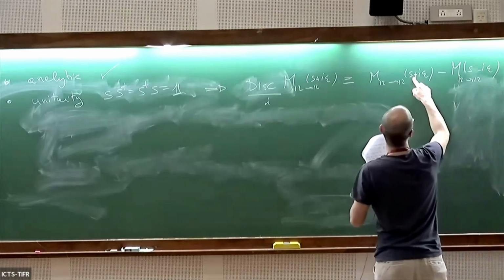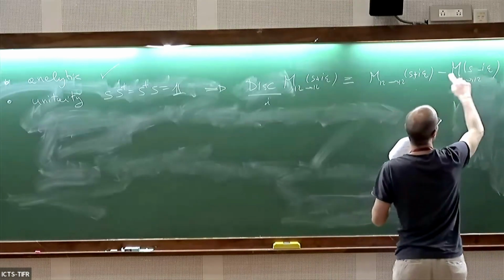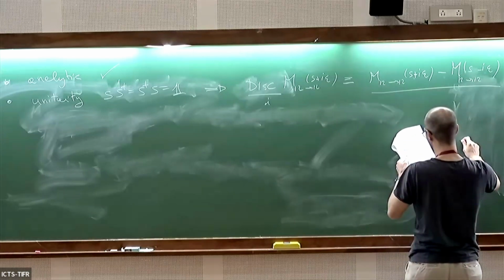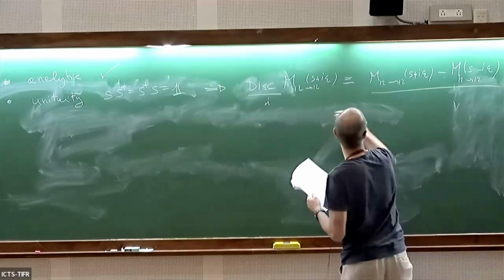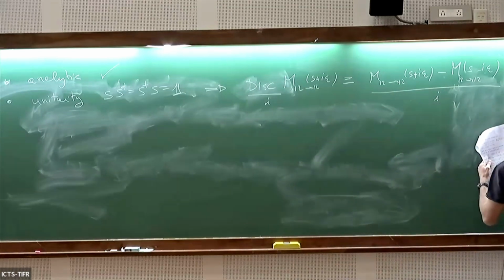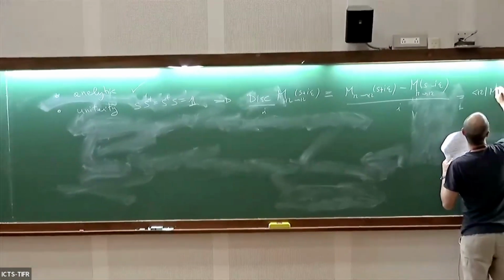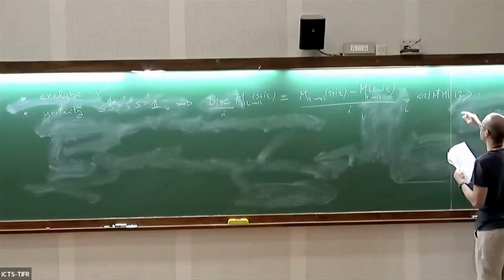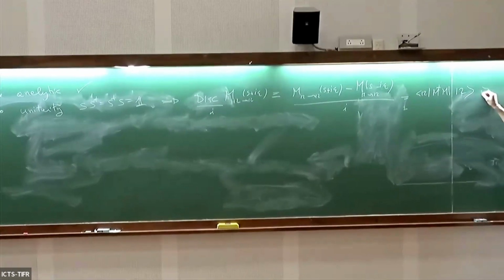So the difference between approaching the amplitude from above minus the amplitude approaching it from below, divided by i, is equal to the sum over m of |M_{1,2→m}|², which in particular is a square, in particular is positive.